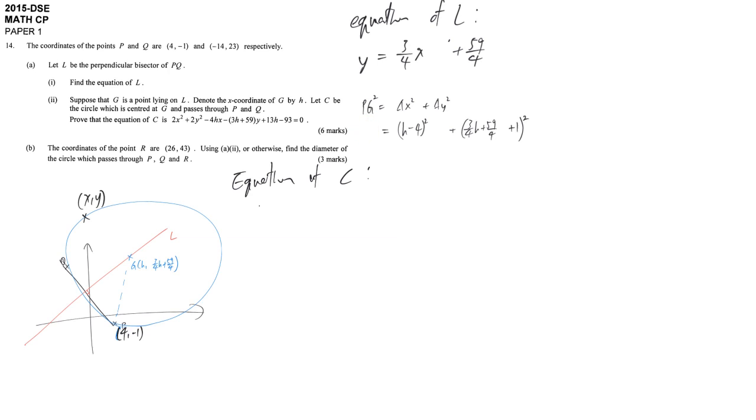So we use (x minus h) squared plus (y minus this whole thing) squared is equal to (h minus 4) squared, and then plus (3/4 h plus 59/4, and then plus 1) squared.